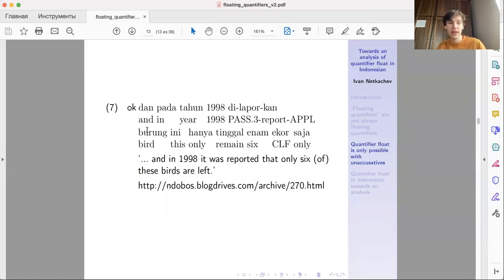Here you can see that the noun phrase, the noun together with the proximal demonstrative, burung ini, is separated from the numerative complex enam ekor by the main clause predicate, which is tinggal, remain. And this sentence is perfectly grammatical according to my consultants, and it's also found on the web.